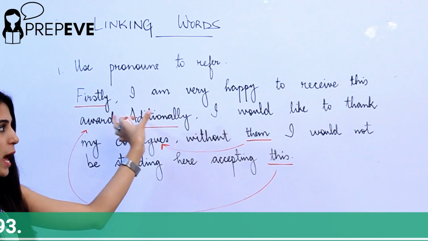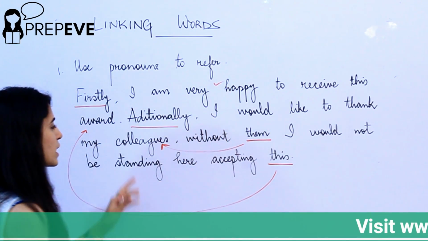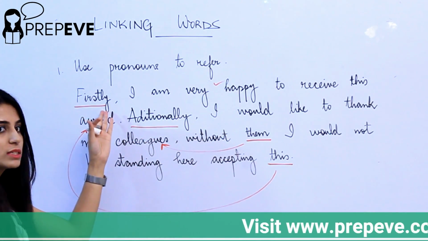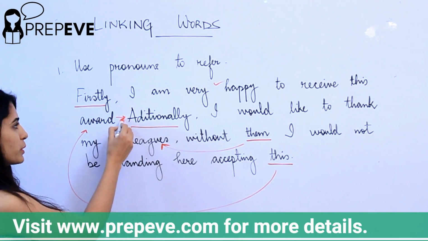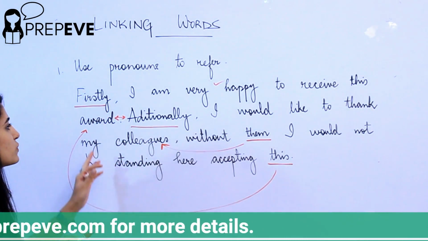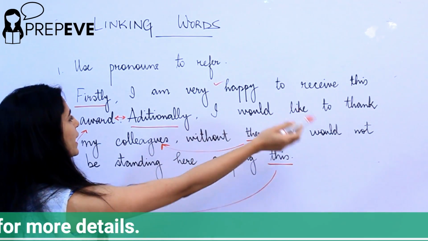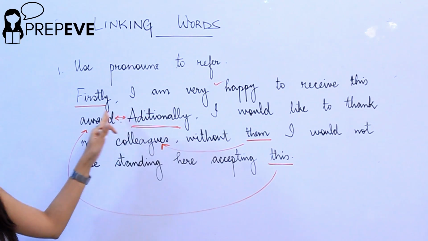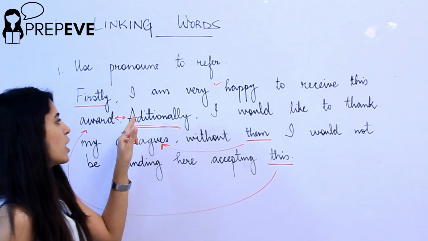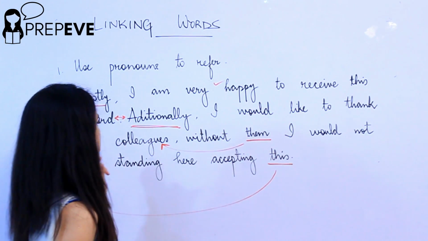Firstly, you're happy. So, it shows your happiness. Additionally, you are adding to the first sentence, so since you are adding to the first sentence, there is a connection between these 2 sentences. Instead of starting straight away from I would like to thank, using additionally gives a connection between these 2 sentences. Additionally, I would like to thank my colleagues.